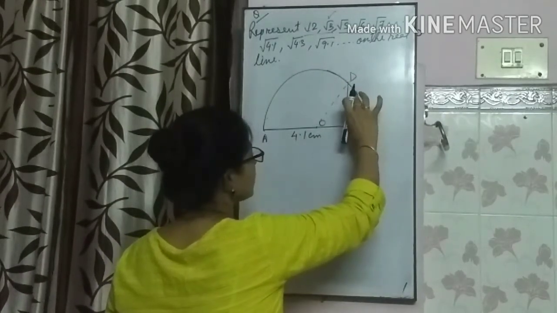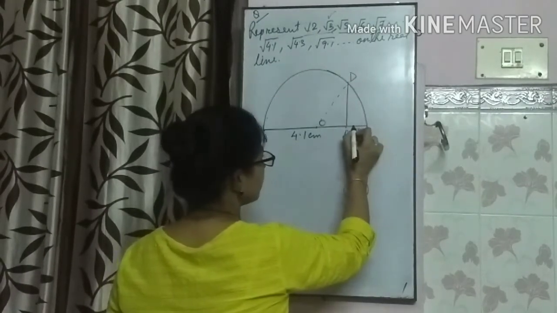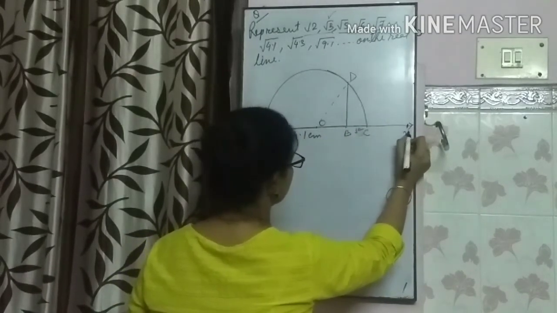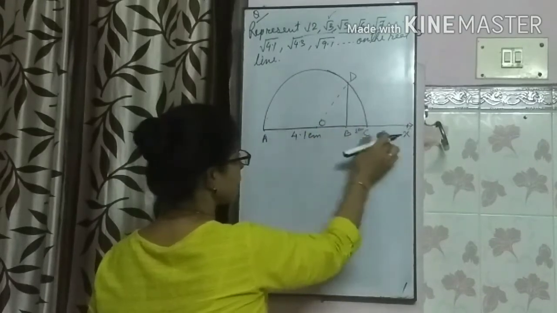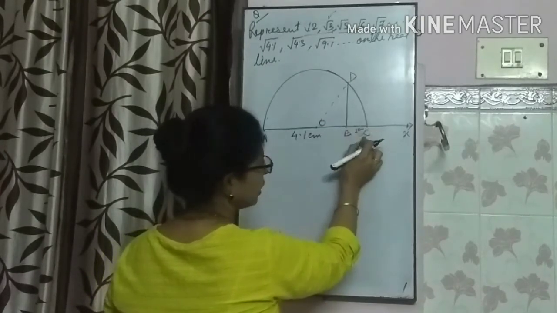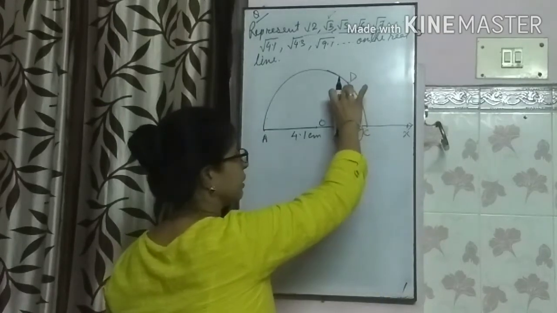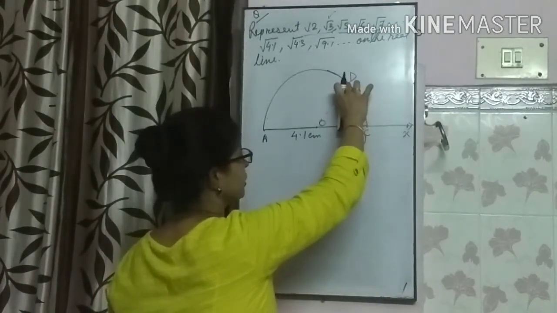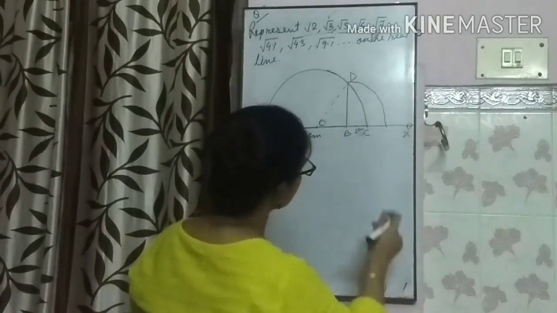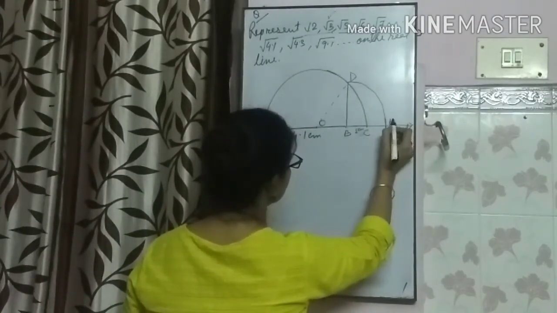Now taking B as a center and BD as a radius, again this side have to be produced up to some extent. Like from OX we have cut AB as equal to 4.1, and then after taking 1 centimeter more, mark as C. Now B as a center and BD as a radius, we will make an arc that will cut at some other point.